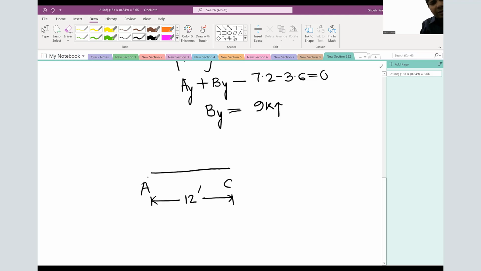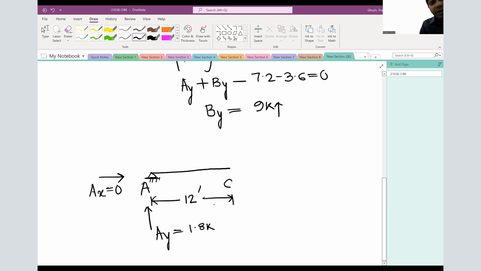A is a pin. We already know AX is 0. We know AY is 1.8 kip.